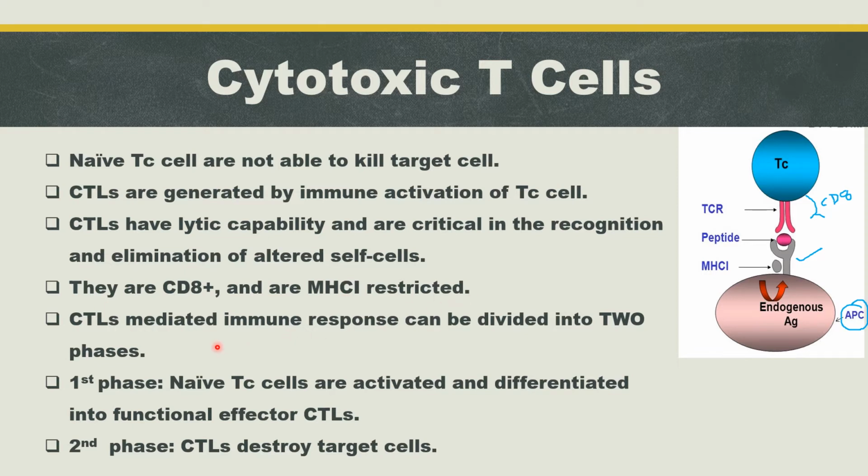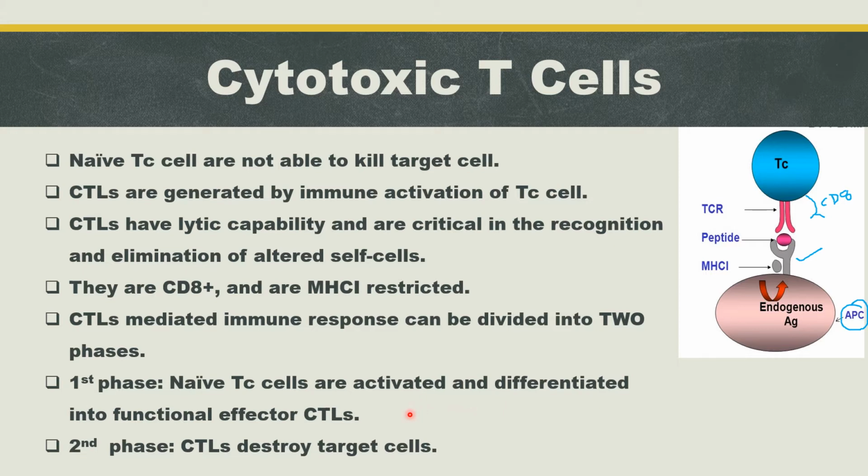The cytotoxic T lymphocyte mediated immune response can be divided into two phases. What are these two phases? In the first phase, naive TC cells are activated and differentiated into functional effector cytotoxic T lymphocytes with the help of antigen.